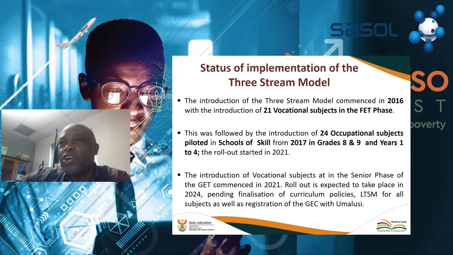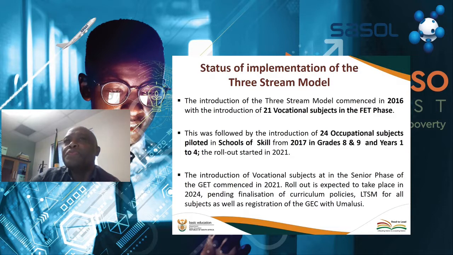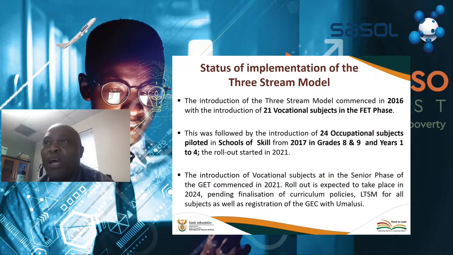So the introduction of vocational subjects in the senior phase of the GET commenced in 2021, and that is what I've explained. And we have also written the curriculum. We have even presented these subjects, the curriculum at GET that we have developed, both in terms of vocationally oriented subjects as well as occupationally oriented subjects in the GET.